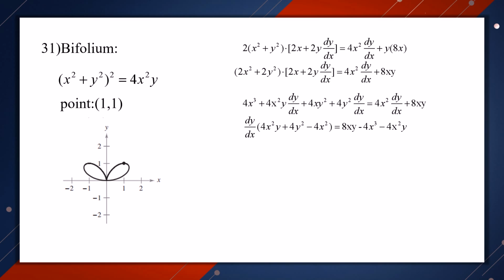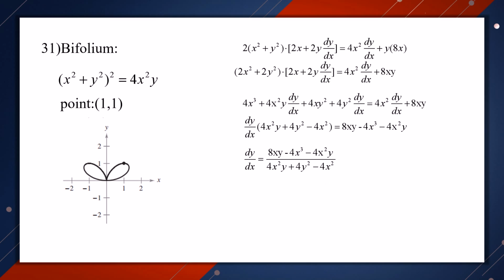And then we move some terms to one side, and we can get the equation: dy over dx times 4x to the power of 2 times y plus 4y to the power of 2 minus 4x to the power of 2 equals 8xy minus 4x to the power of 3 minus 4x to the power of 2 times y.